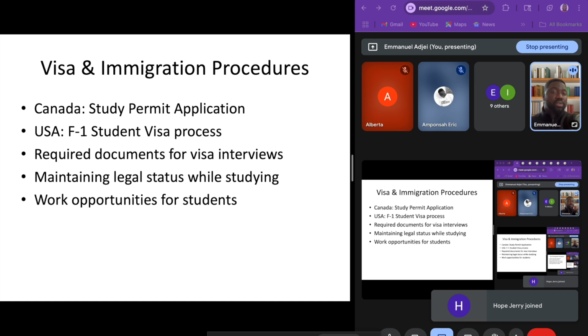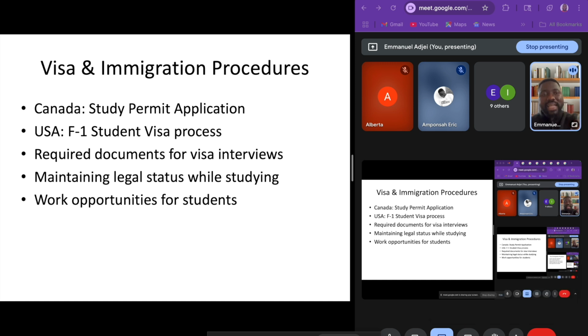So you don't need to apply for a visa. You apply for just a study permit to Canada. You don't attend an interview when you apply for your study permit. If you apply today for a study permit, just today or the next day, they will send you an email or a letter that will allow you to book a biometric appointment, if you haven't taken biometrics ever with the Canadian government.